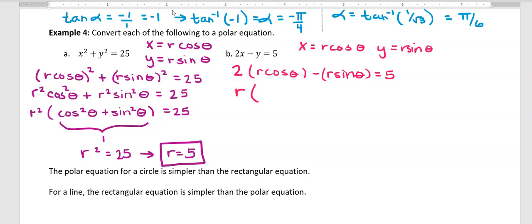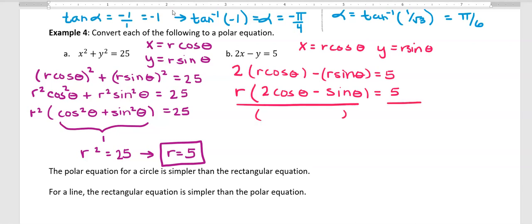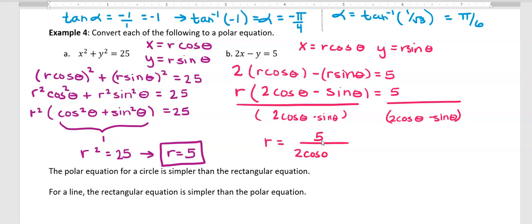So r would come on the outside, and we get 2 cosine theta minus sine theta. That's equal to 5. And then we can actually divide by what's in the parentheses. And that would allow us to solve for r. So our final equation here would be 5 divided by 2 cosine theta minus sine theta, and that would be our equation in polar coordinates.